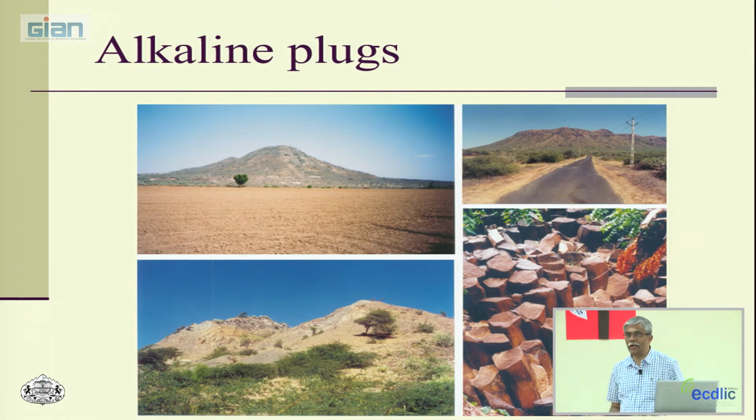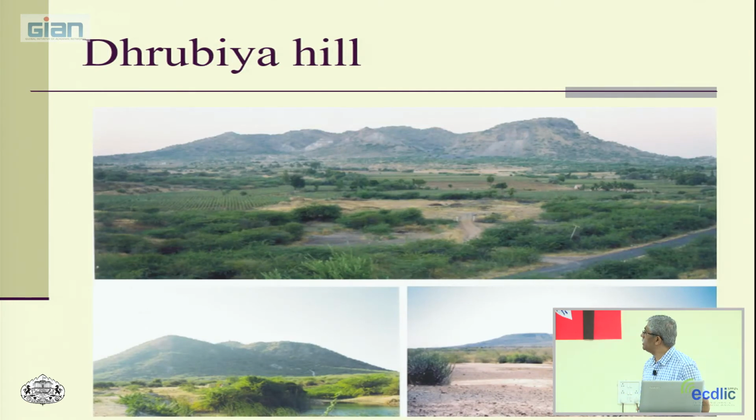So different localities with different sizes of plugs and sheet-like bodies, which entrain ultramafic xenoliths of a very small size that we have already spoken about and looked at day before yesterday. This is the Dhruvia hill. In fact, in this particular region there is mining that goes on, and this is actually the neck part, where there is a concentration of more xenoliths, of larger size.